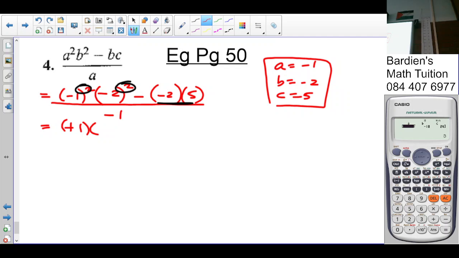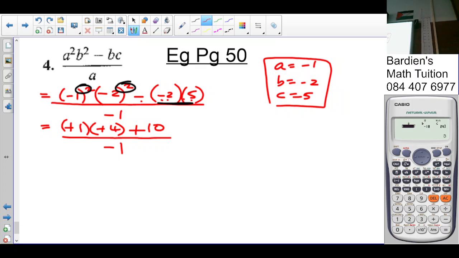Negative 2 squared is positive 4. Now what's negative times negative? Positive. And positive times positive? Positive. 2 times 5 is 10, over negative 1. You all agree with that?